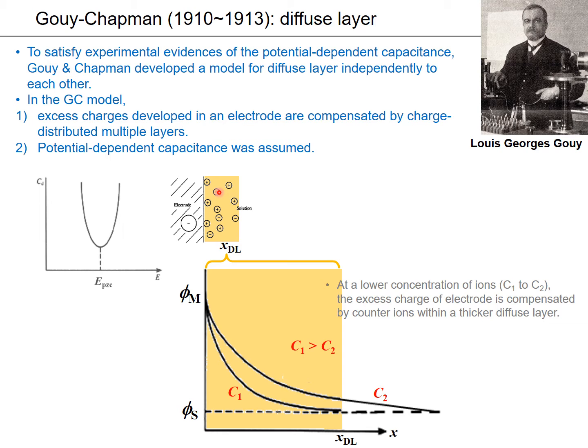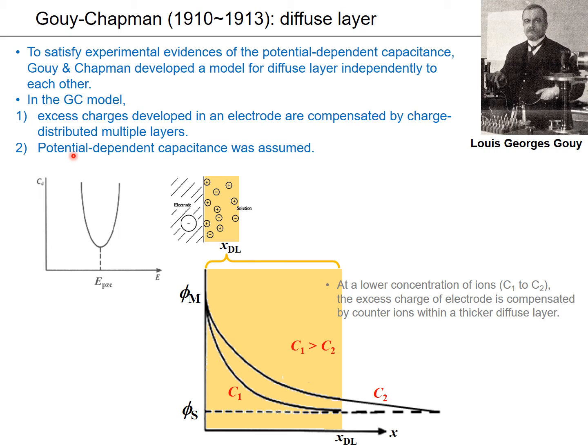However, in this Gouy-Chapman model, we need multiple layers. In the first layer, cations are dominant because your electrode is electrified negatively. The second layer has a smaller number of cations, the third layer a smaller number still. I mean, the cations are distributed through the volume of the electrolyte to compensate the electrified electrode.